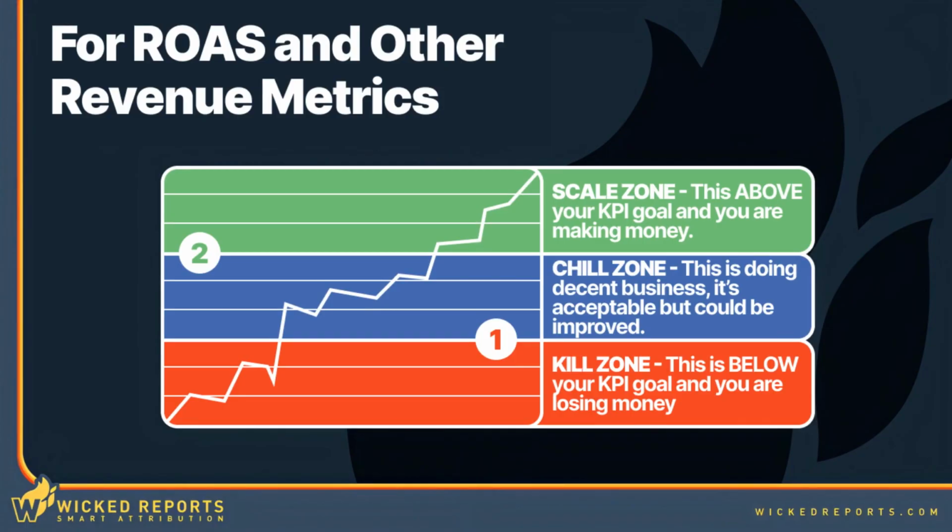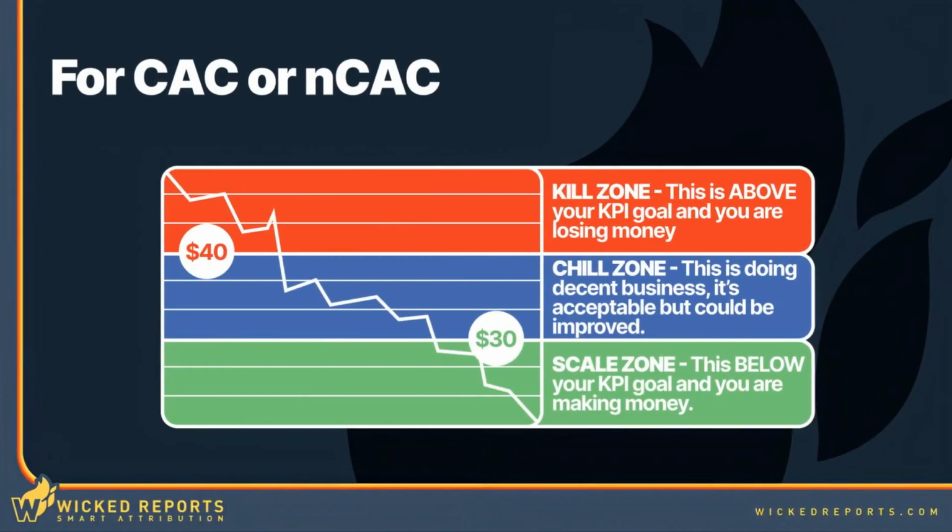The chill zone means leave it as is. Below the chill zone would mean kill the budget, unless you can find adjustments to lift the ROAS to the chill zone. Note that if you're optimizing for CAC or NCAC, it's going to switch these. The kill zone would be on top due to higher cost being undesirable, and the scale zone would be on the bottom as we aspire to a lower customer acquisition cost as a measurement of success.